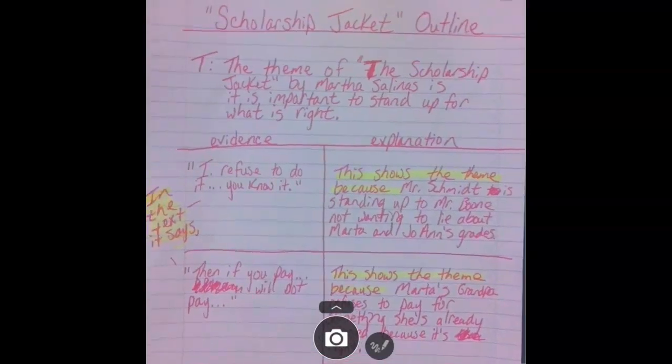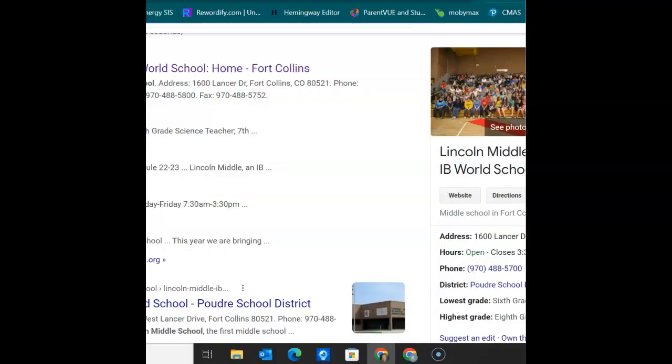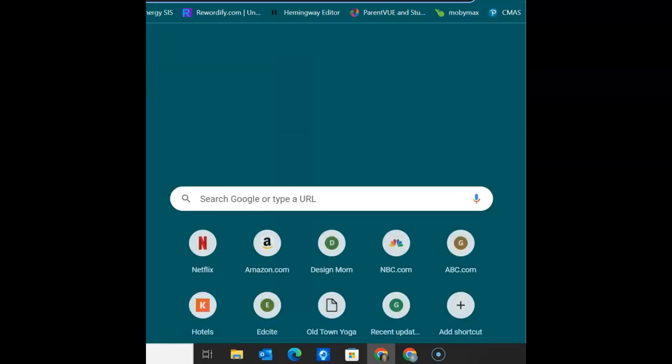Now when I go to type my paragraph, I'm going to have this outline in front of me. And I'm going to go, let's see, I'll go to a Google Doc to type my paragraph.